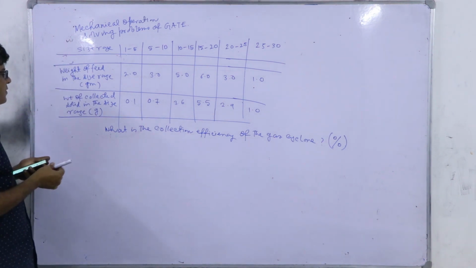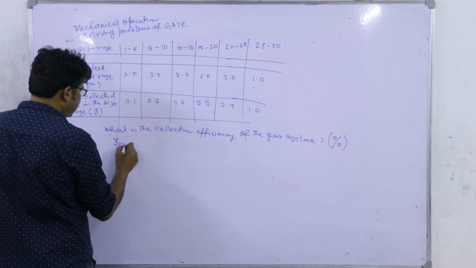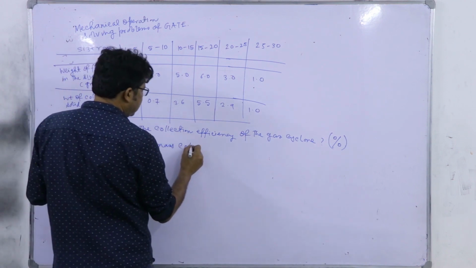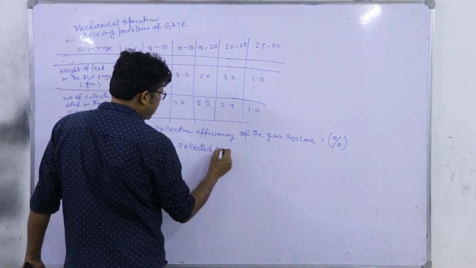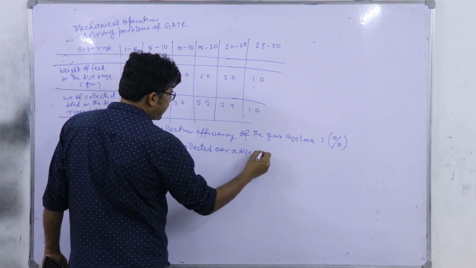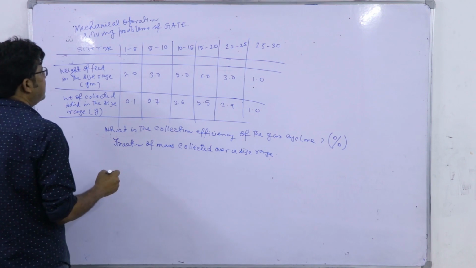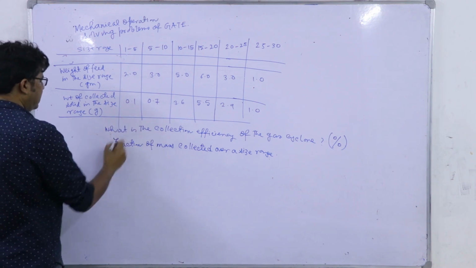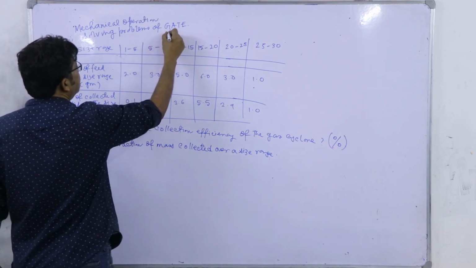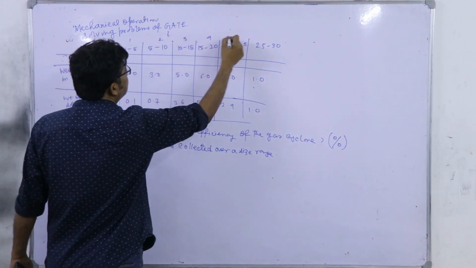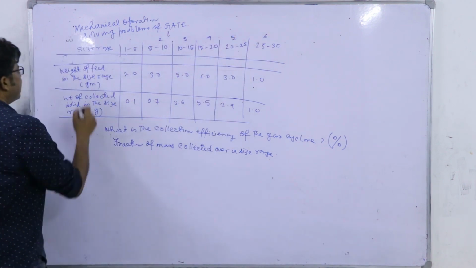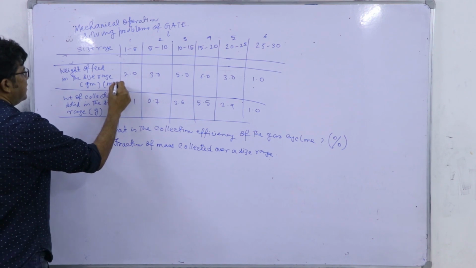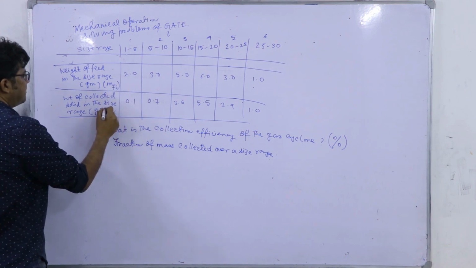Collection efficiency is basically the fraction of mass collected over a size range. Now you see, for the individual fractions I equal to 1, 2, 3, 4, 5 and 6, the weight of the feed let us write as MFI and the collected as MCI.